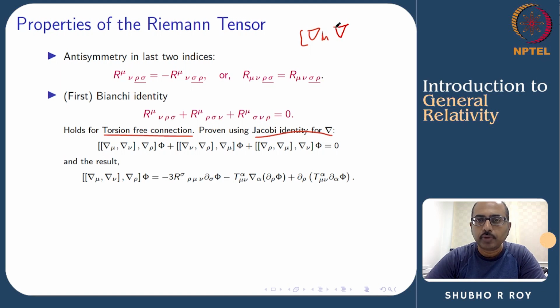So del mu will act last and del nu will act first on whatever is to the right, minus del nu will act last, and then del mu will get to act first on whatever is there on the right hand side.